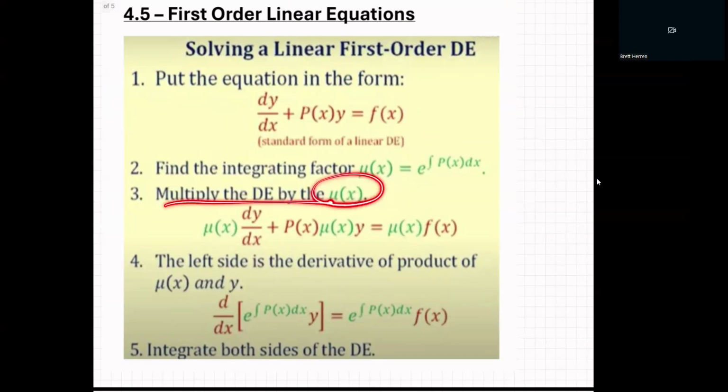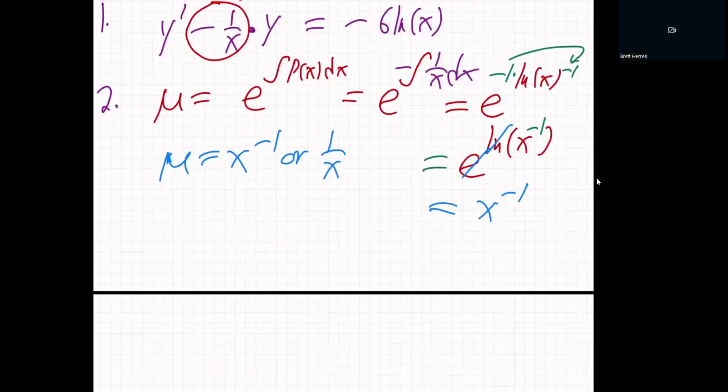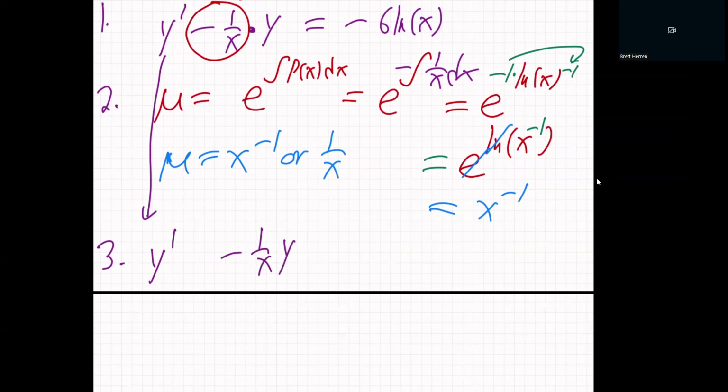Multiply the differential equation by that integrating factor, all three terms. So on step 3, I'm going to bring down the differential equation, which was y prime minus 1 over x y equals minus 6 natural log x.